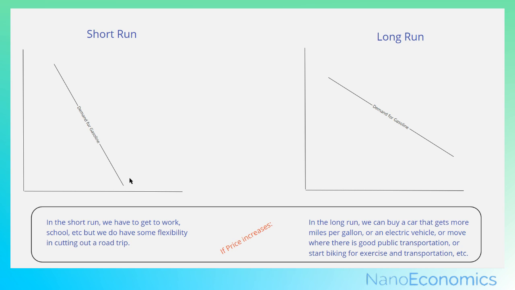A good way to think about this is that it's still demand for gasoline in both examples, but the closer the line is to being a vertical line, like you would need to write the letter I, the closer it is to inelastic. The perfectly vertical line, you would need to write a letter I by just dotting it at the top, or maybe putting the demand label at the top, would be perfectly inelastic.